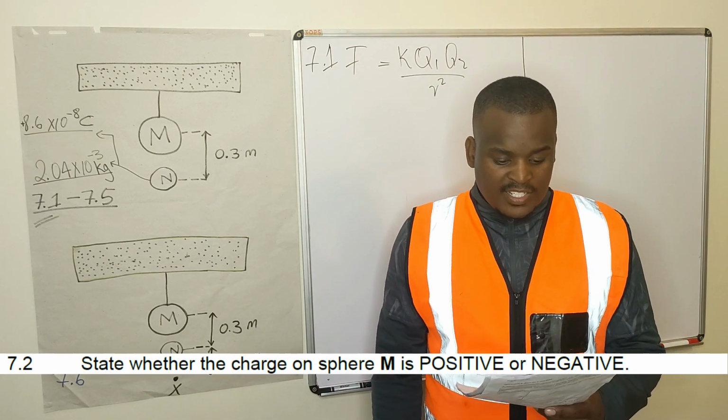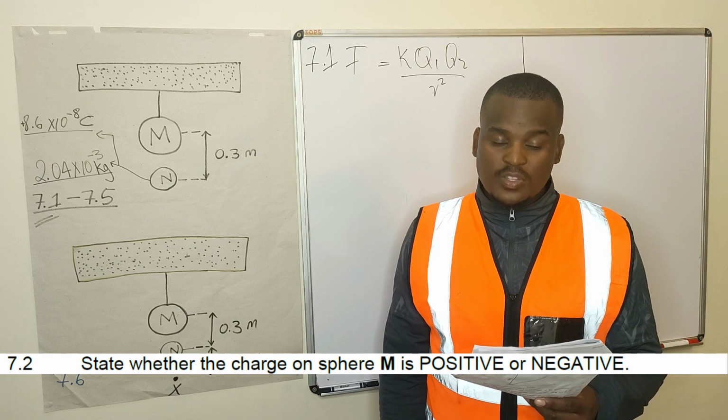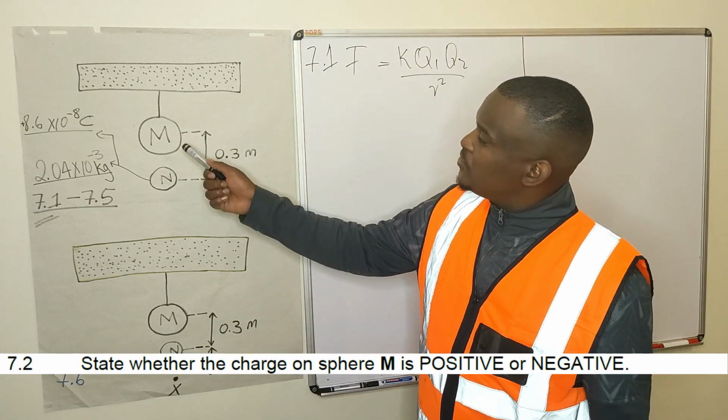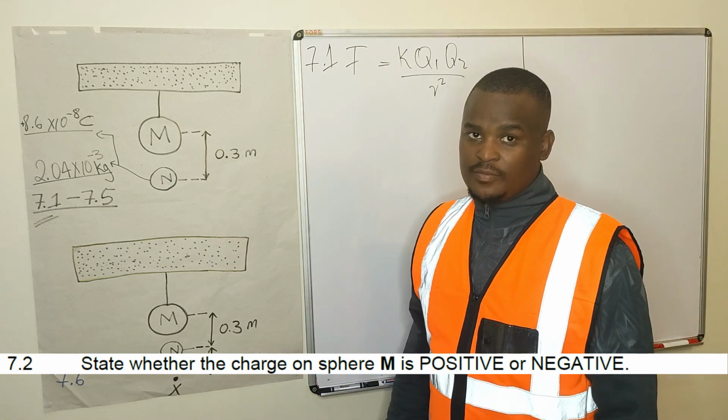7.2. State whether the charge on M is positive or negative. So they want us to tell whether this sphere, the bigger sphere M, is positive or negative.